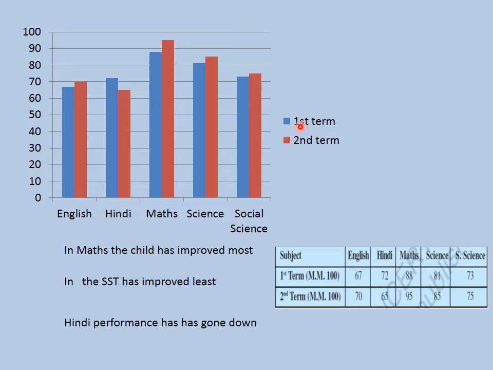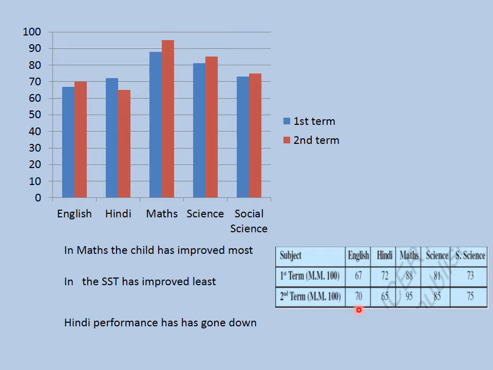So you have to find in which subject the child has improved in the second term. It is very clear that maths has the highest bar, so in maths the student has improved most.